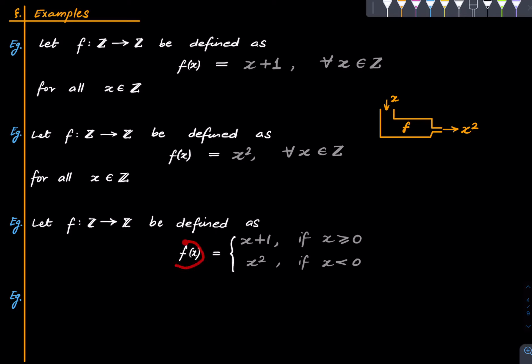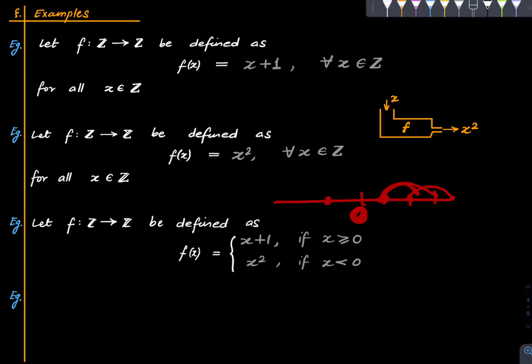So this function is defined in two parts. Depending on the nature of x, it outputs what it outputs according to this rule. So if this is all the integers, here you see what the function outputs. So this is the origin. Let's say this is 0. So the function picks something here and outputs the next integer.